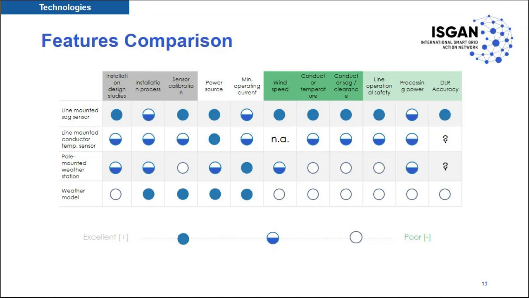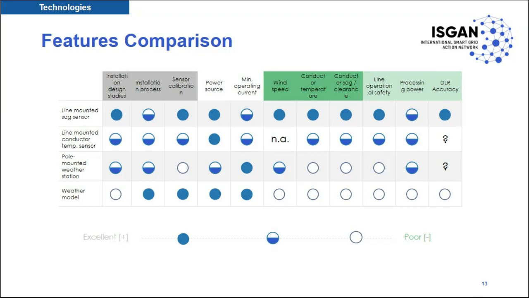In terms of the features, we have drawn this table to compare these four approaches. This is based on experience. The first questions that we have from our customers are, do we need a survey to know how to install the sensors? Does it take some preparation work? Is it easy to install? Is it long?